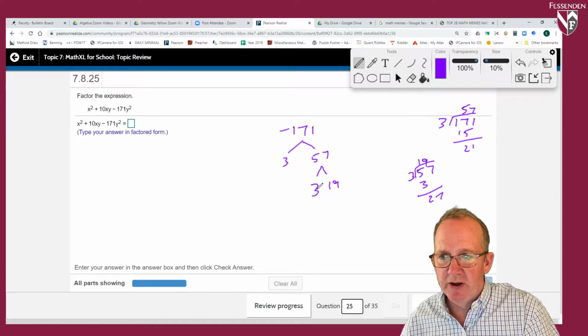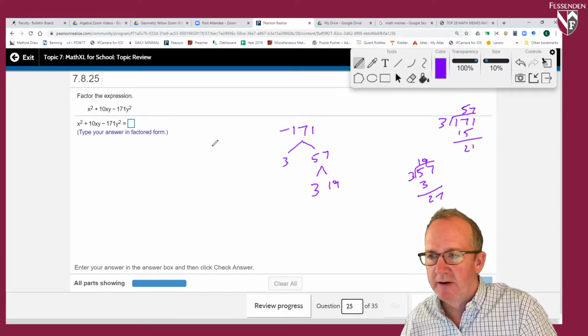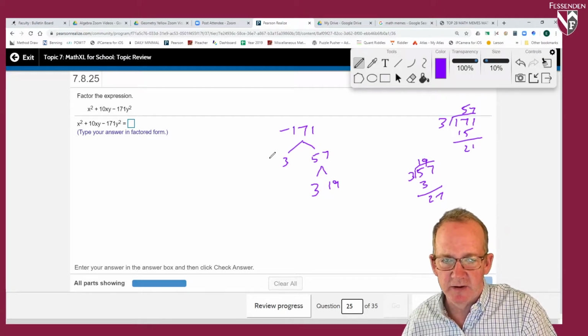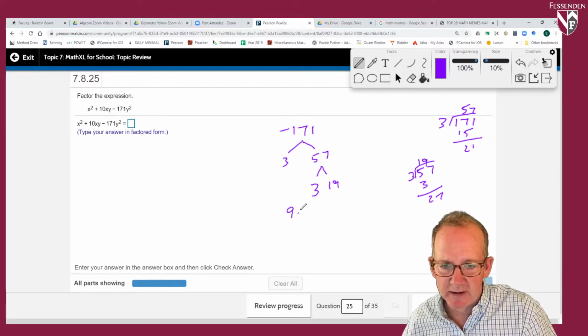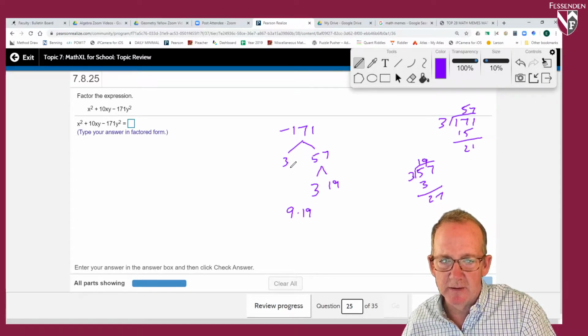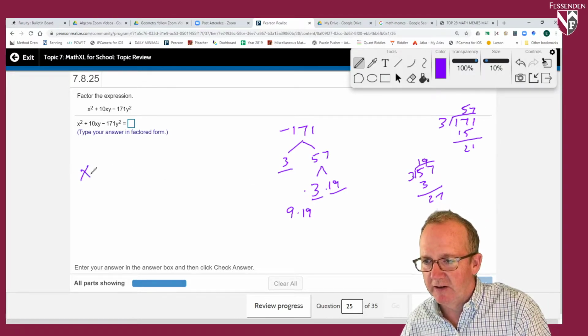So 3, 3, 19, and it needs to add up to the 10, right? And we have a 1 here too. So what happens is 3 times 3, how about we have 9 times 19? Do you see how 3 times 3 times 19 were the pieces of our factor tree? And so I think I could get x squared, excuse me.